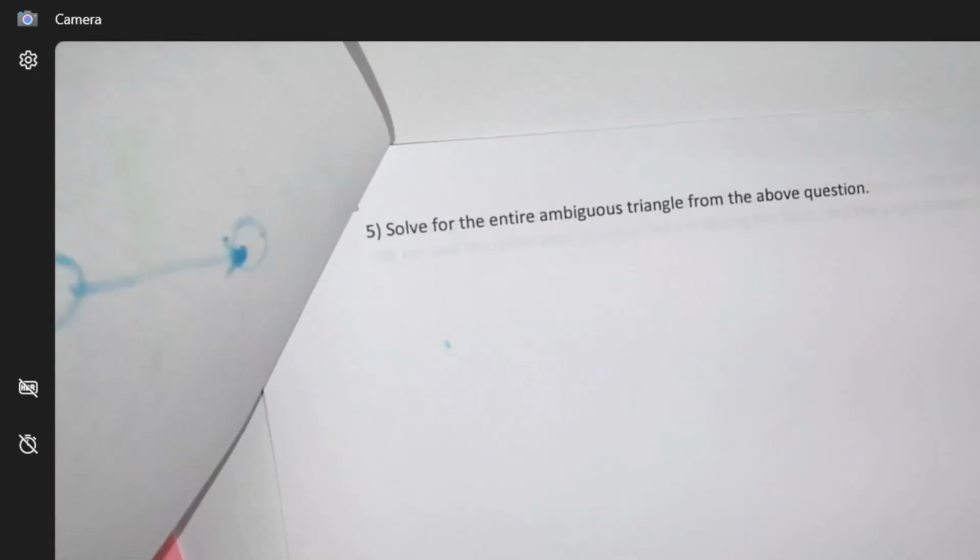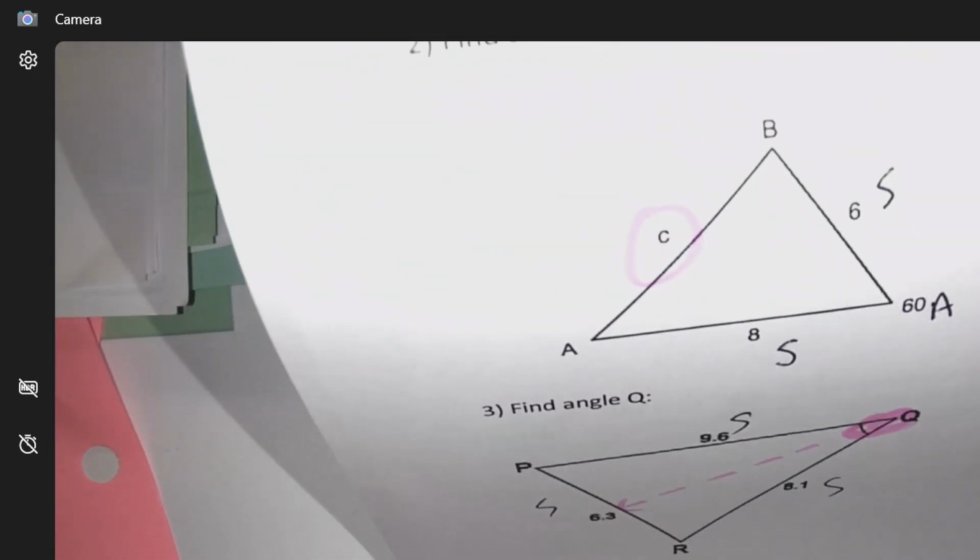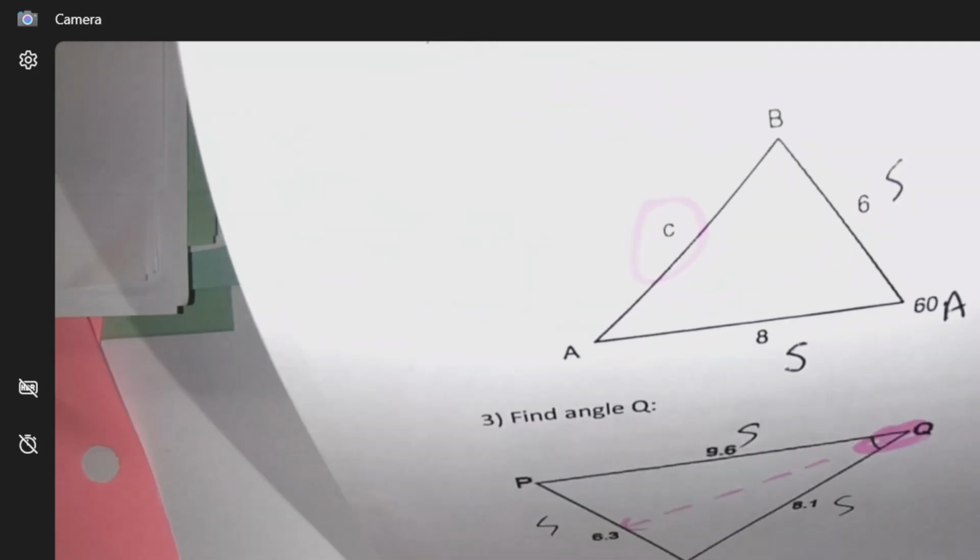Okay, solving for the ambiguous triangle for the above question. So this one here had the 2 triangles, so 12, 14, and 31.